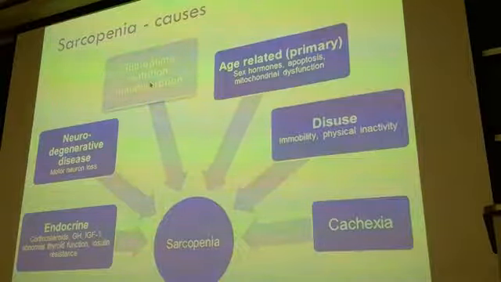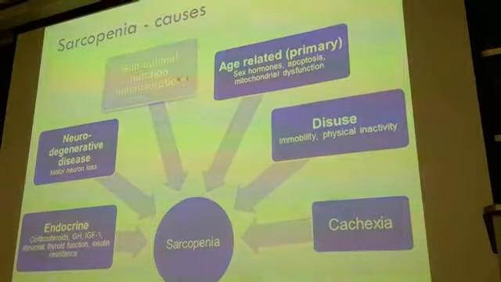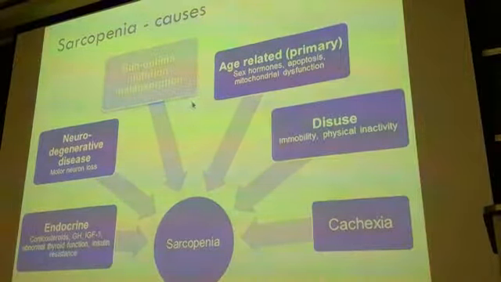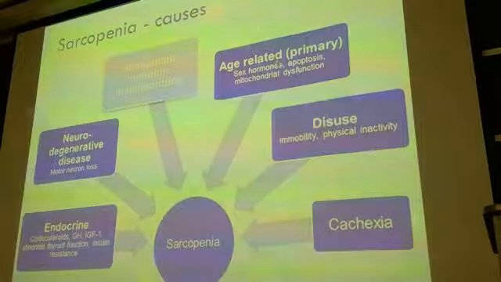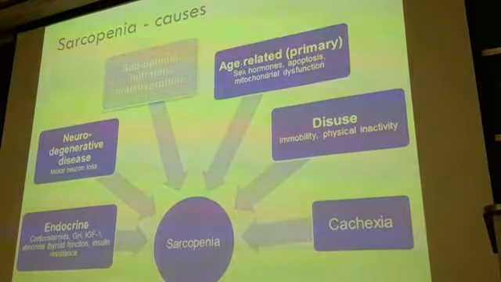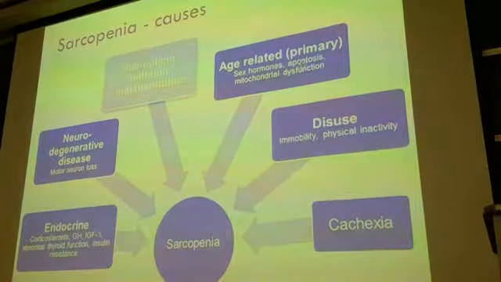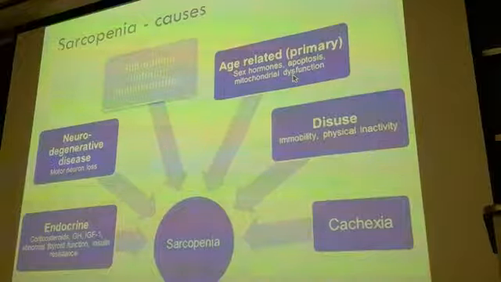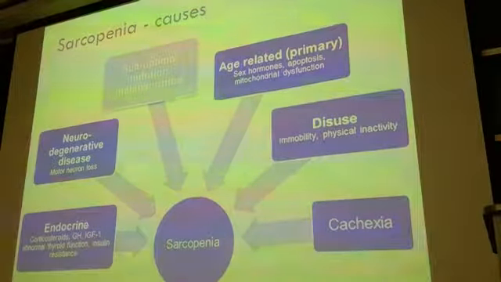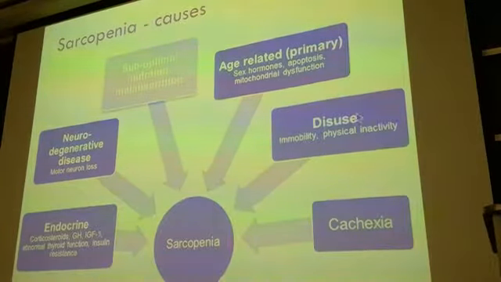Nutrition is important, either through diet or malabsorption, disease states. There are sort of primary age-related effects, which is a bit vague, since we don't know all the things that occur with age, but changes in hormones, which relate to the endocrine system, cell death, apoptosis. And we will talk about mitochondrial dysfunction, which crosses over, and of course, a lot of diseases, including sarcopenia.